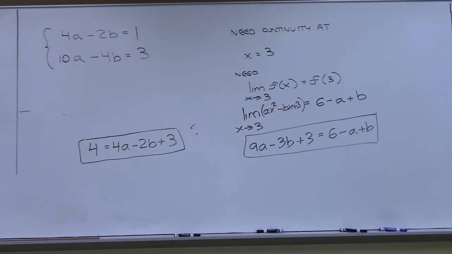Okay, we got a couple. You said for both variables, right? Yes, a and b. I guess you could do either top or bottom, just so that the 2b would cancel.